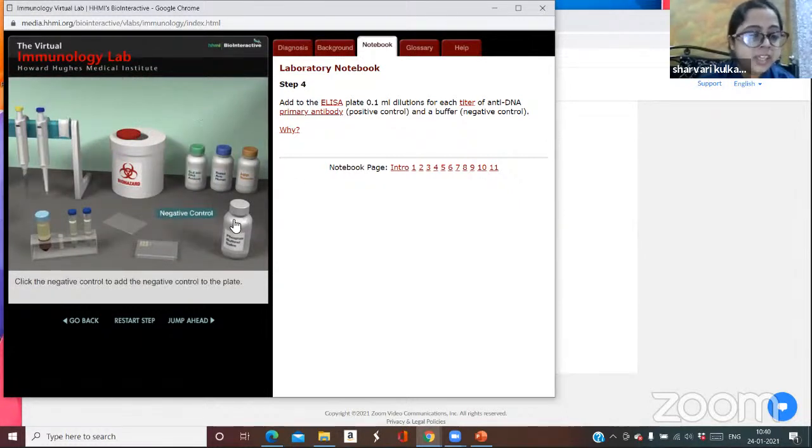Then we will add negative control, okay? Negative control is buffer.